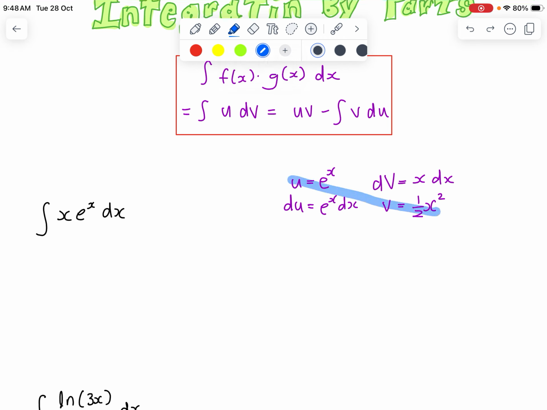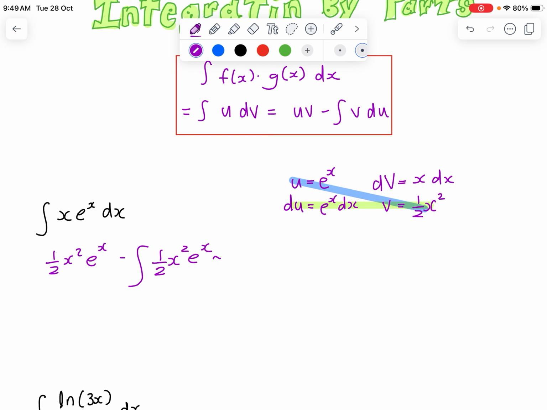So u and v multiplied, we have 1 over 2 x squared times e to the power of x minus the integral of v du, which is this section here. So we have the integral of 1 over 2 x squared times e to the power of x dx.